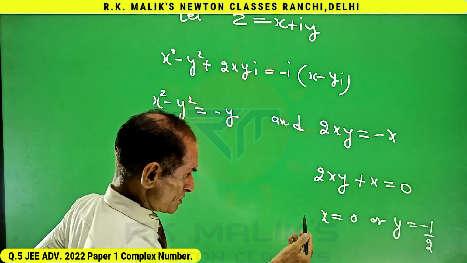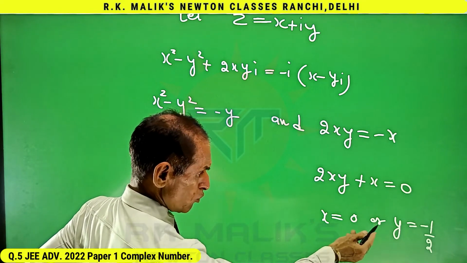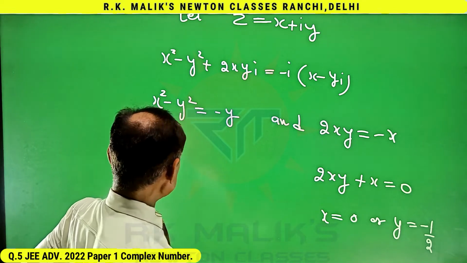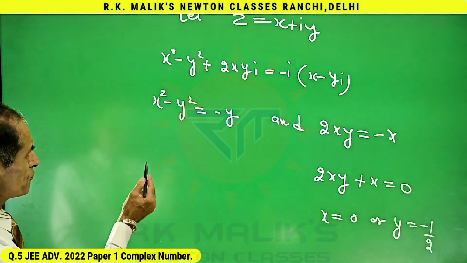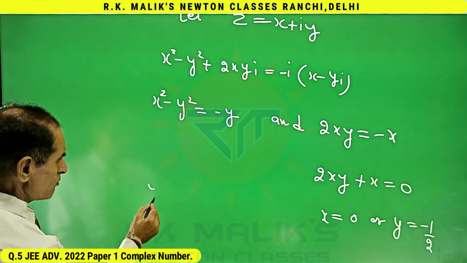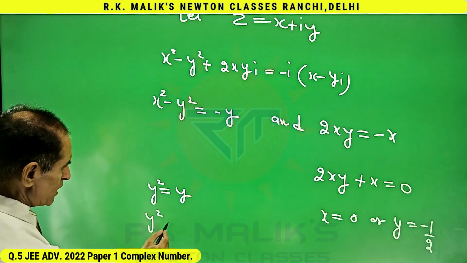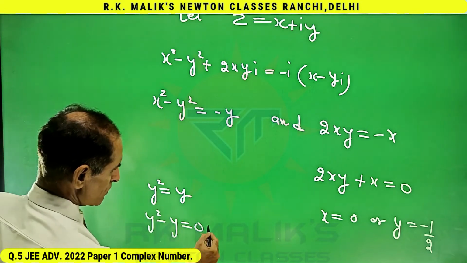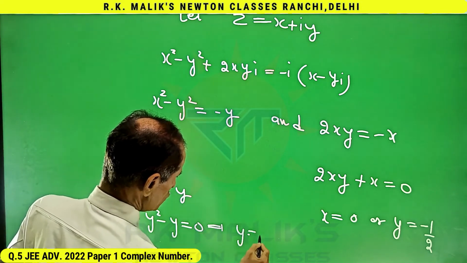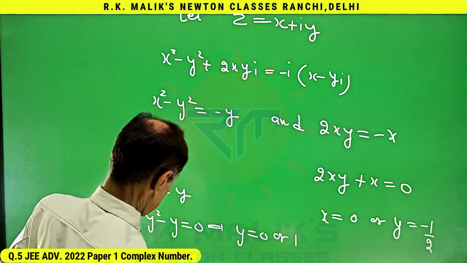And we will be taking two cases, either x is 0 or this. If I take x equal to 0, then from here I will be getting y square equal to y, that is y square minus y equal to 0, that is y equal to 0 or 1.